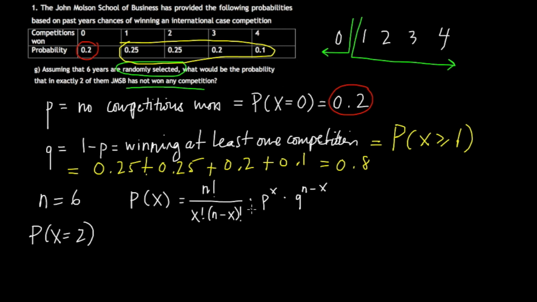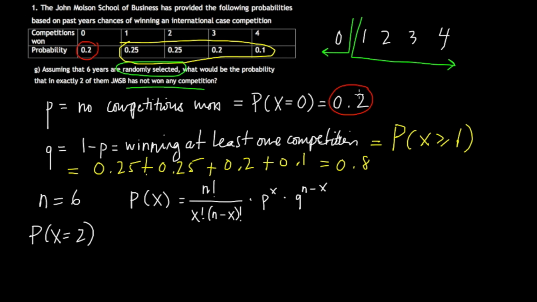So when I plug 0.2 here, the exponent is the x of what we're looking for in the question. And if I plug the 0.2 in the wrong place, if I assigned it to q, then my 0.2 is going to have as an exponent n minus x, and that's going to skew the whole formula.